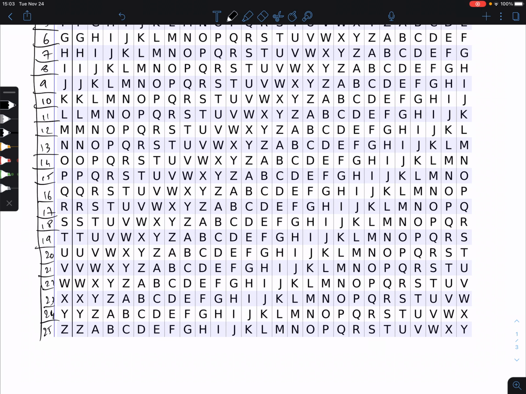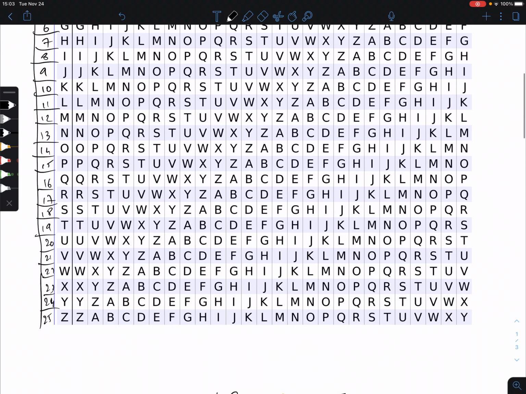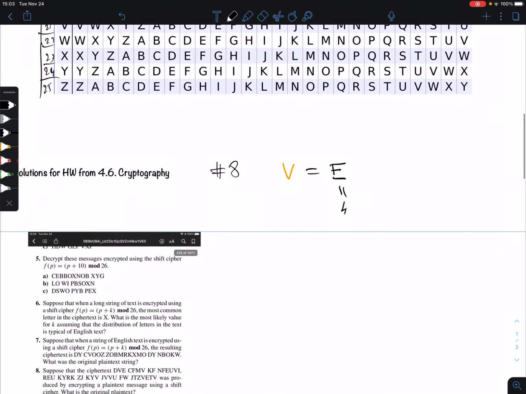You know that it's the last one. Okay, so V is 21 and E is 4. So that is 4, and the value that we have calculated is 21.